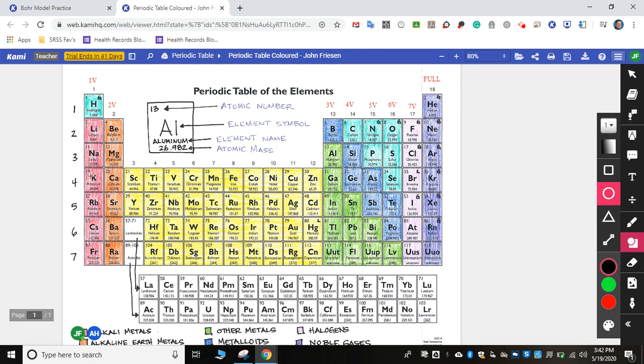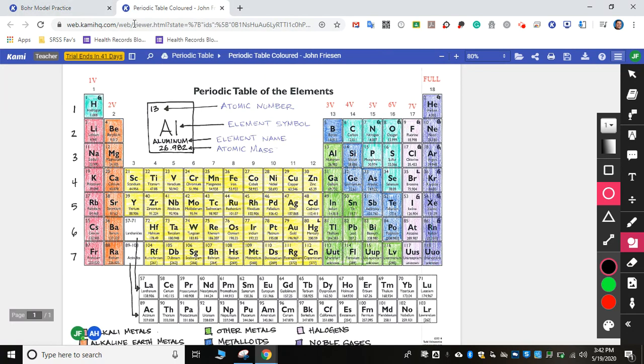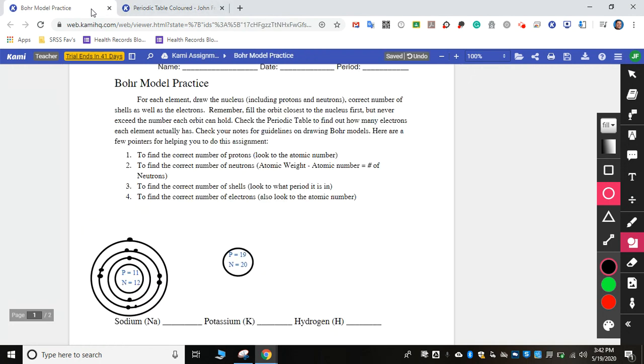The atomic mass for this is 39.098, and so we round that to 39. 39 subtract 19, you do the math. 20. Now, what period is potassium in? 1, 2, 3, 4. It's in the fourth period. So we're going to need 4 shells.